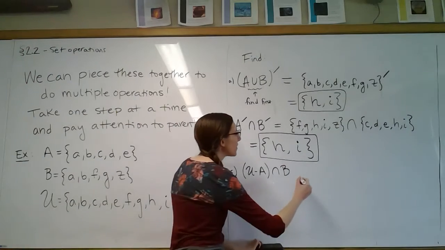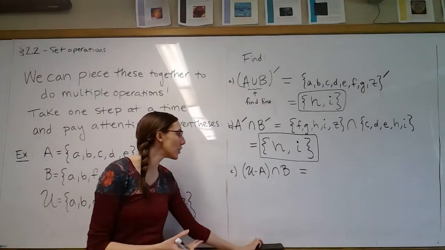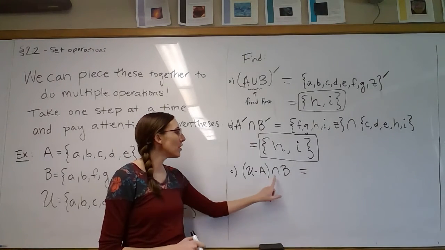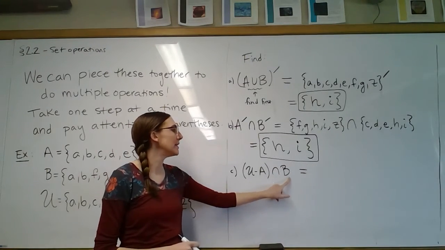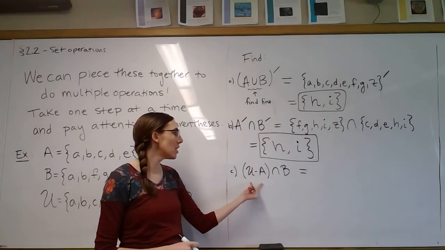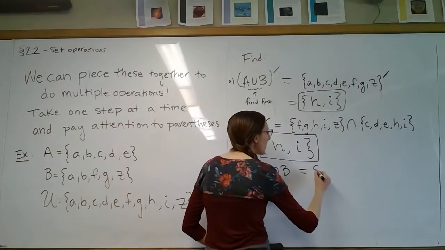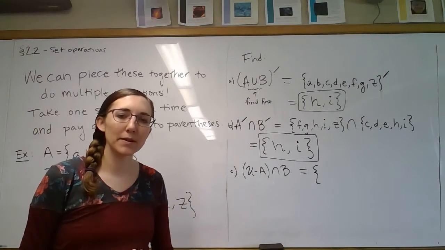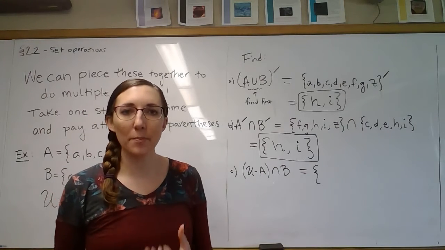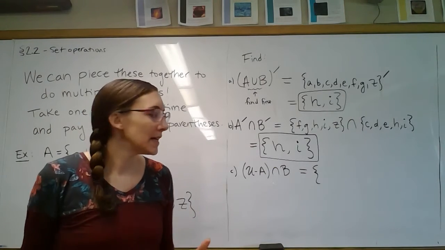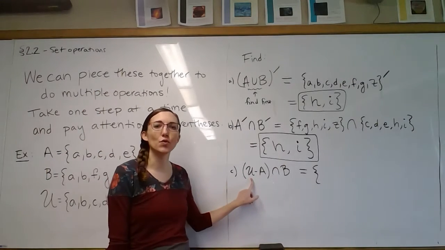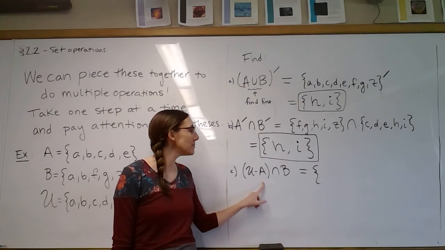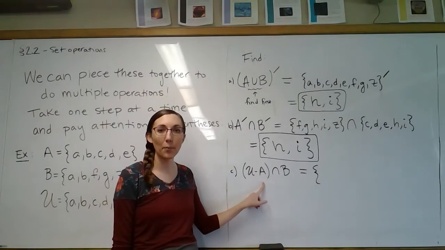If we take a look at this one and think about what we need to do first, well, I probably need to do these parentheses first, right? Notice, in order to do this intersection, I need to have these two sets. So first, let's find what is U minus A. Now, we probably have already caught on to this idea, but if we think about that definition, it says it's everything that's in U, but not in A, which is the exact same definition as a complement.